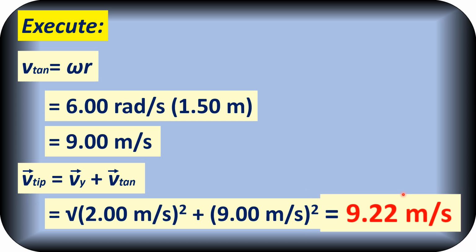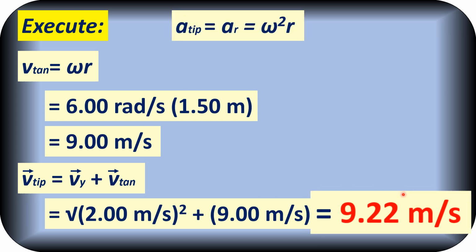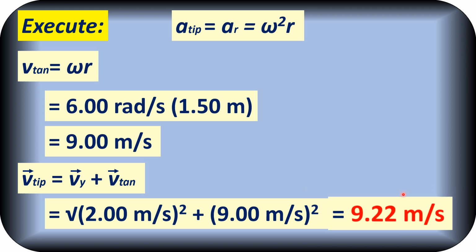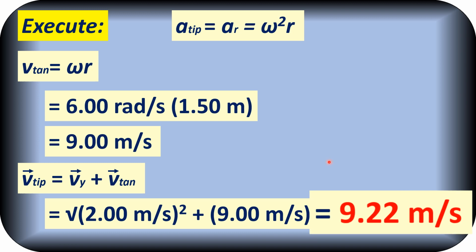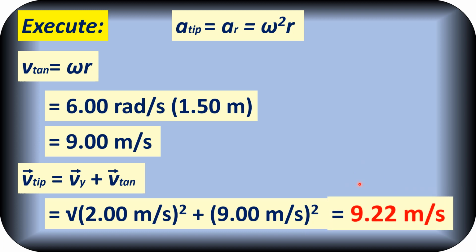And finally, we can now calculate the acceleration a sub tip, or a sub r, which is equal to the square of omega times the radius r.